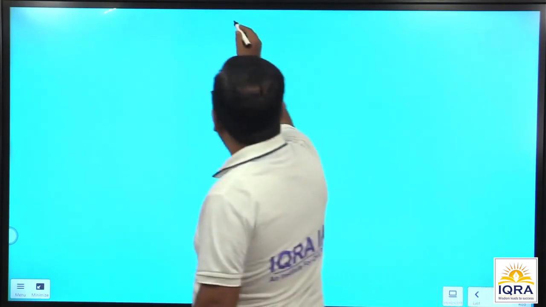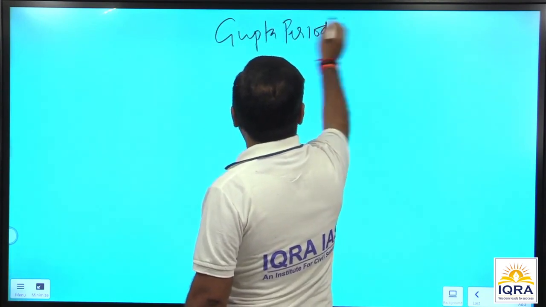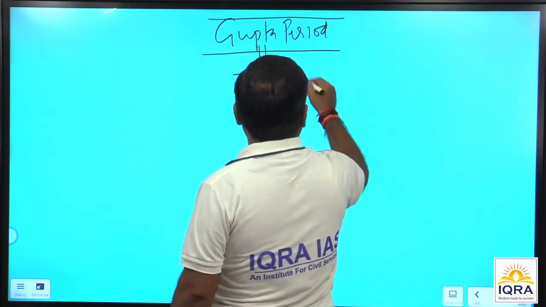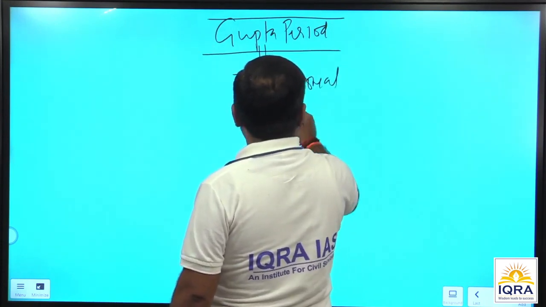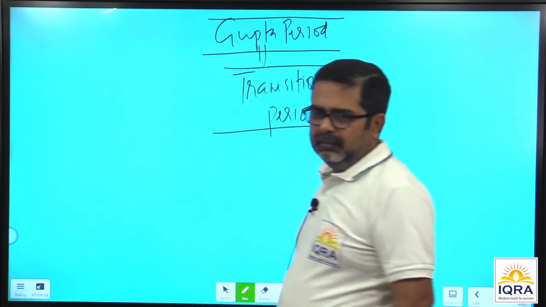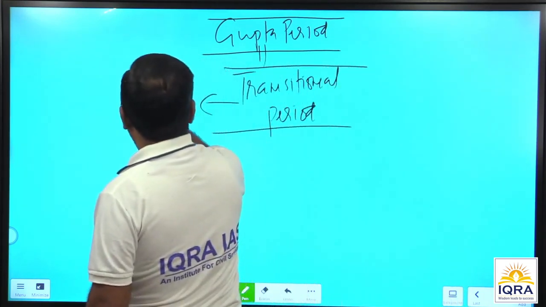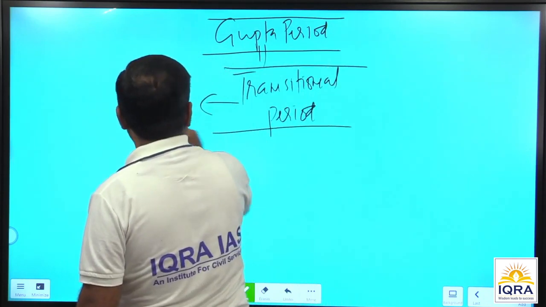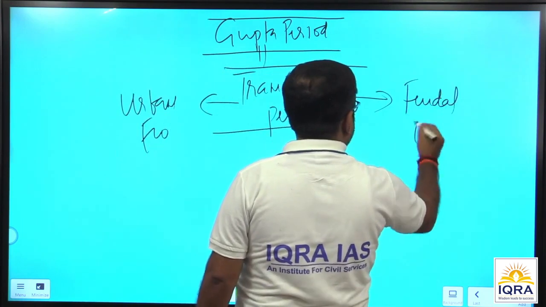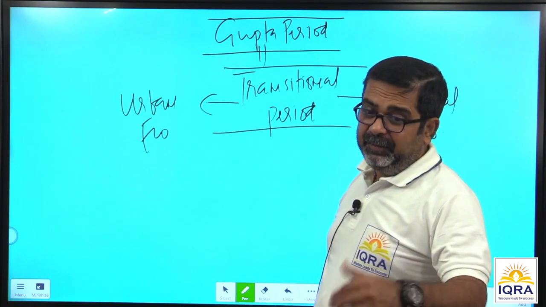Now, Gupta period. Transitional period, I said. It's a transitional period: transition from urban economy to feudal economy.